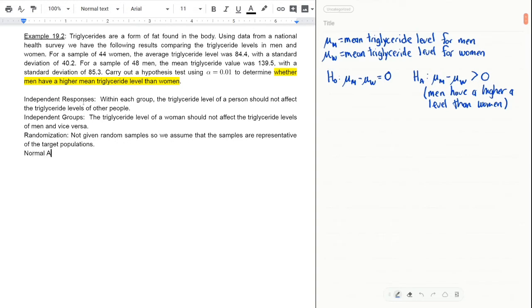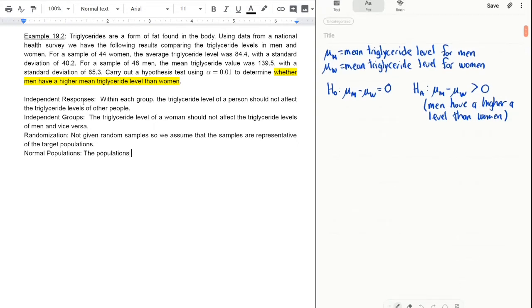Now the other assumption is that the populations should be normally distributed, and we will check the nearly normal condition. The sample distributions should be nearly normal, so unimodal and symmetric, or the sample sizes should be at least 30.